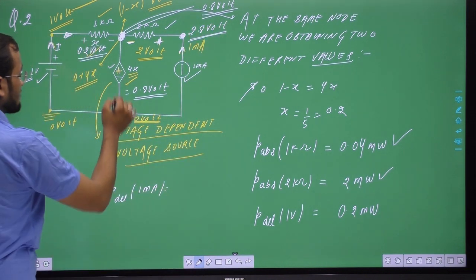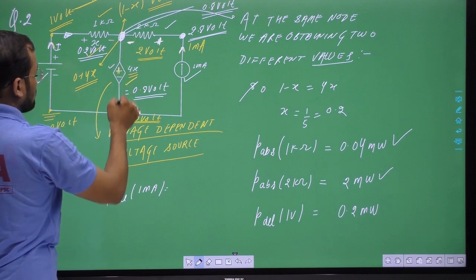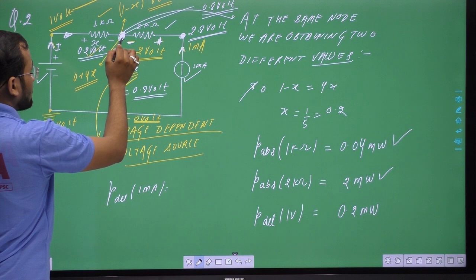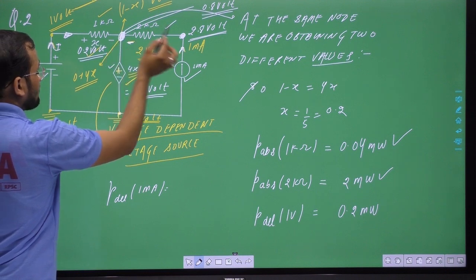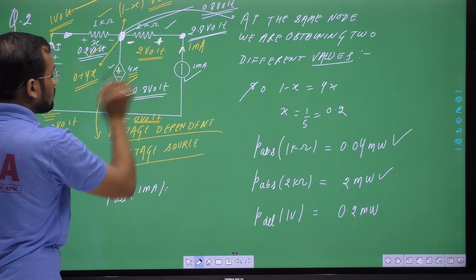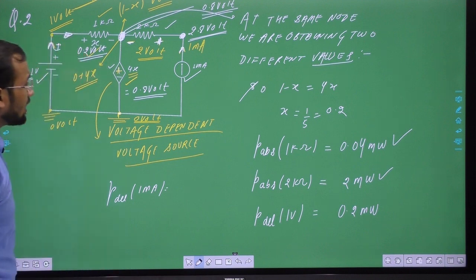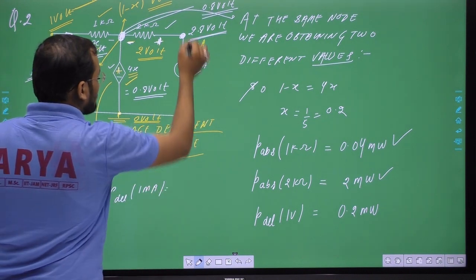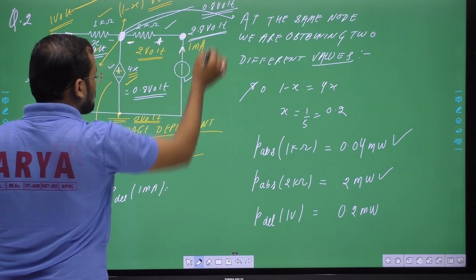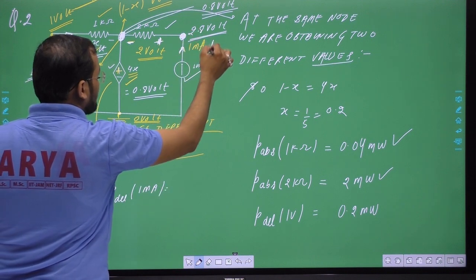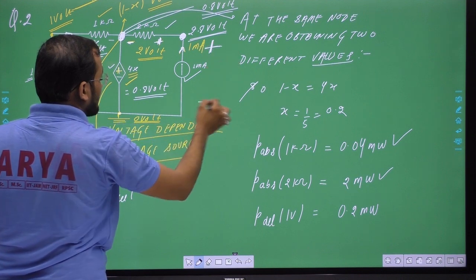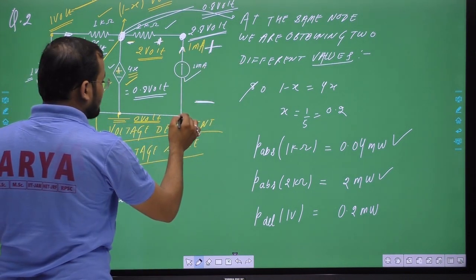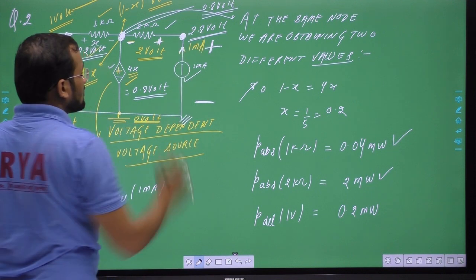With respect to 0, the value at this point is 0.8 volt, and with respect to 0.8 volt, the value at this is 0.8 plus 2, which is 2.8 volt. So we have a positive sign here and a negative sign here, because here the value is 0 volt and here the value is 2.8 volt.